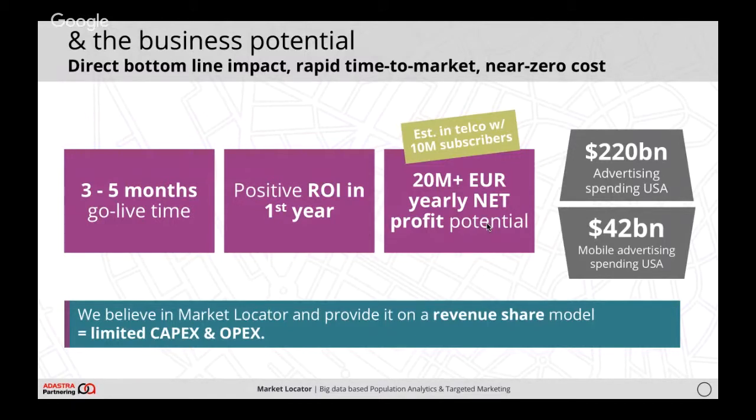Is there really business there? Well, in just this first level approach where you use your data for targeted marketing, where you use your data for population analytics, numbers from the US show that just last year alone, $42 billion in the US were spent on mobile advertising.